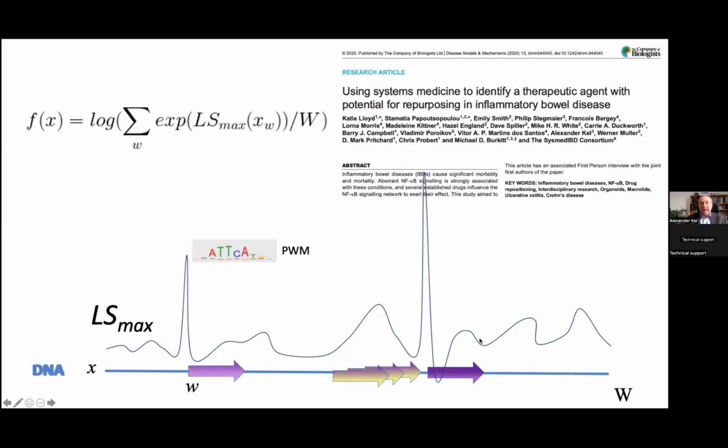So they are very good candidates for binding by those transcription factors. But there are a number of other positions in that promoter which have lower scores than this maximum, but they still can be targeted by this AP1 factor.